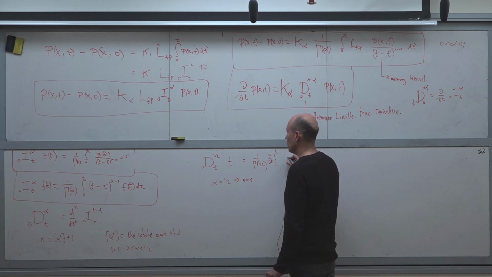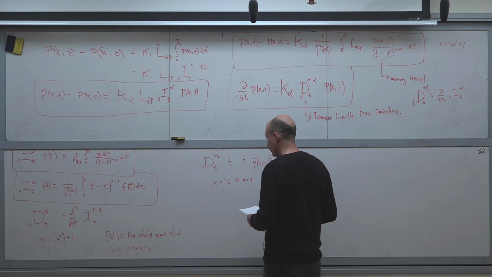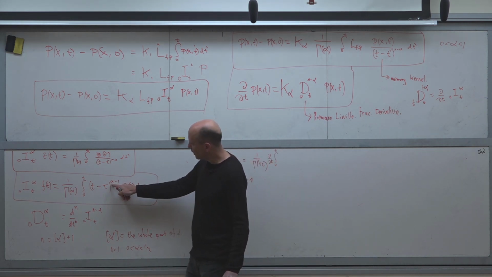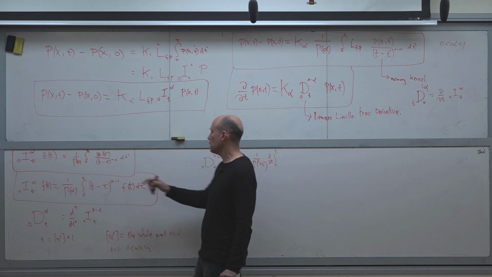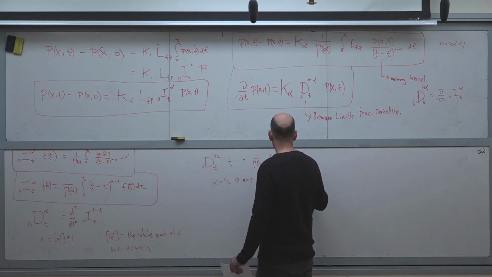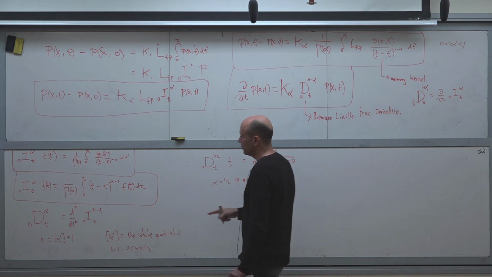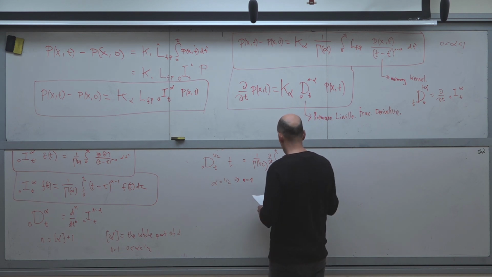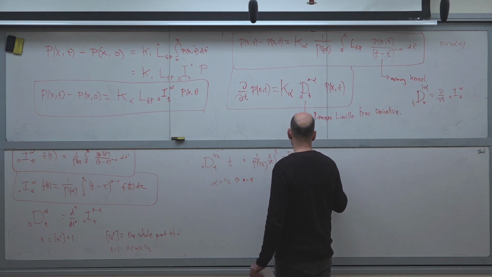This is simply equal, here alpha is half. Half minus 1 is minus half. So here I have t minus tau to the power minus half. And the function itself, this f, is t. So I have here tau, d tau.